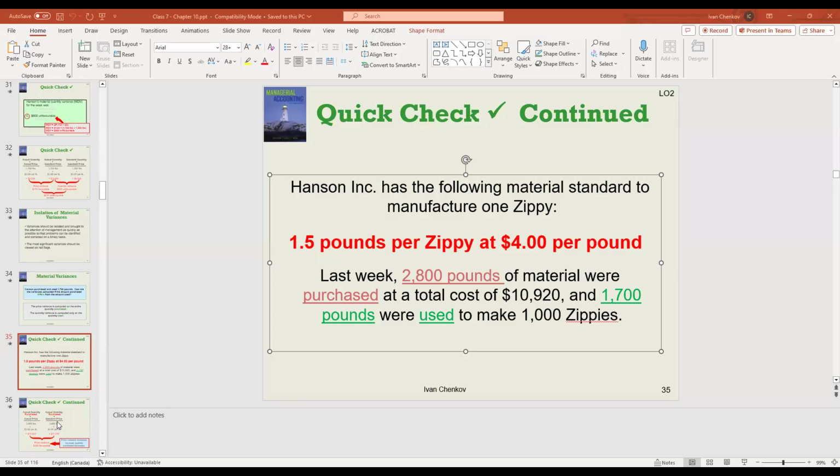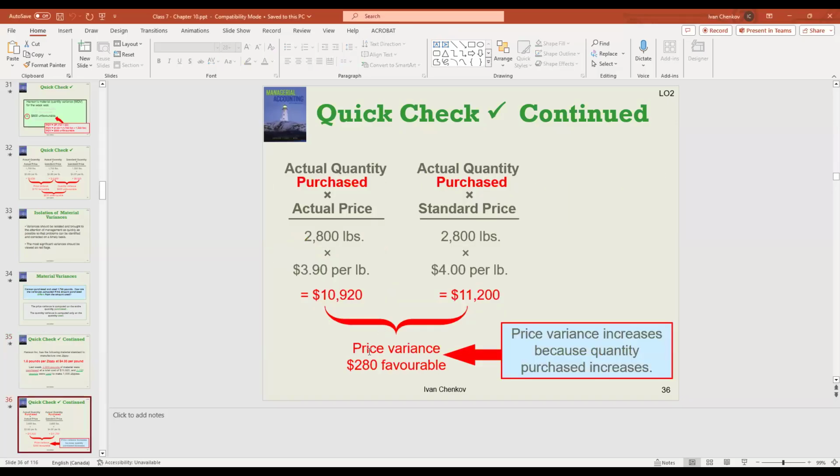Let's go back to the slides and see them again. For the price variance, we're gonna use only the purchase price and the amount of the material that we purchased.